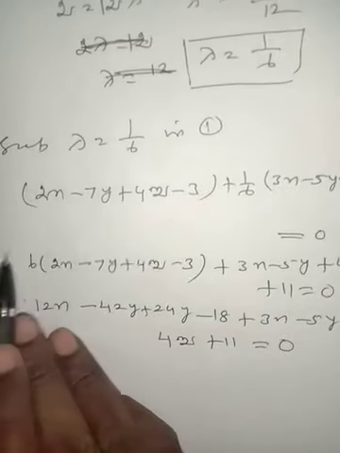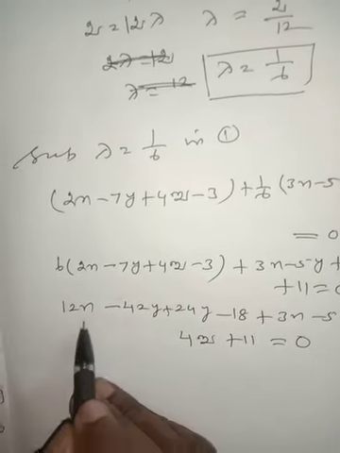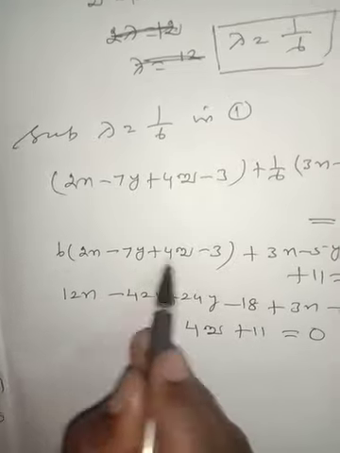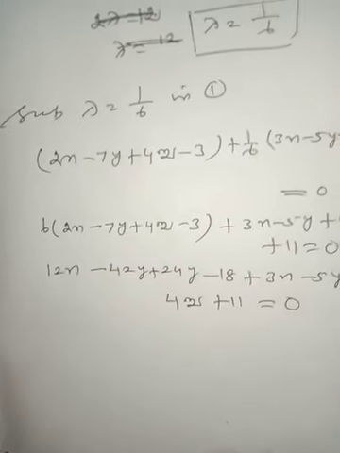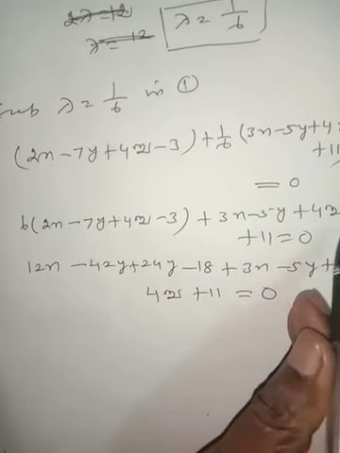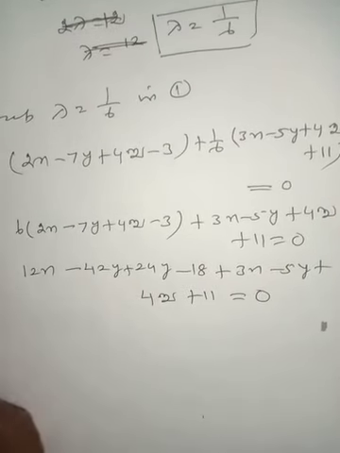Multiply 6 into the first bracket: 12x minus 42y plus 24z minus 18. Others as it is: 3, minus 5, 4 and 11.